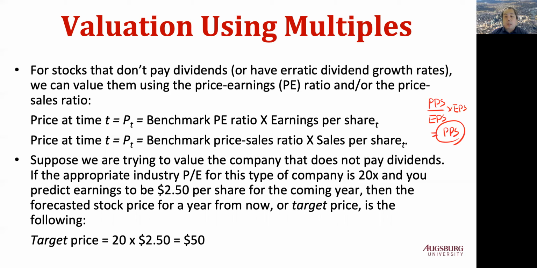If a trustworthy PE multiple is not available, then we can use the price to sales ratio instead. It's very useful, especially if the firm has a very low PE ratio or negative PE ratio. We can use the price to sales ratio.